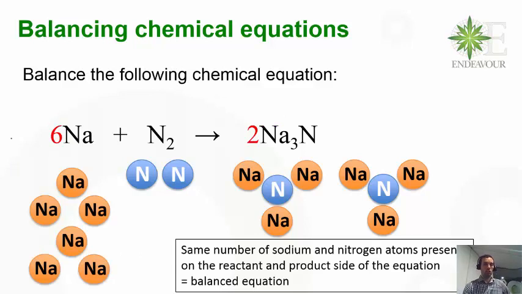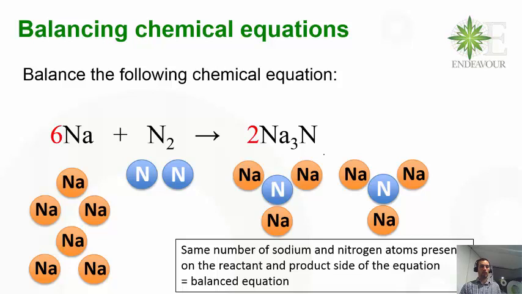So by changing the coefficient to 6, we've now got the 6 sodium atoms, which are needed to react with the 2 nitrogen atoms to create our Na3N compound. And we've got 2 of those, so you can see that each nitrogen is going to attach to 3 of the sodiums to create the Na3N compound.